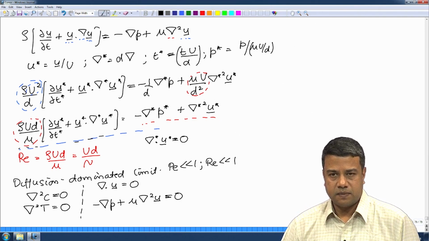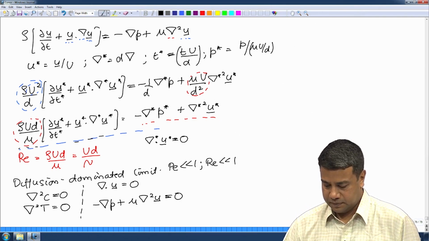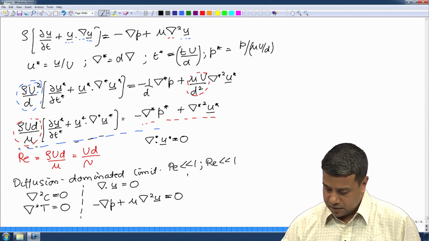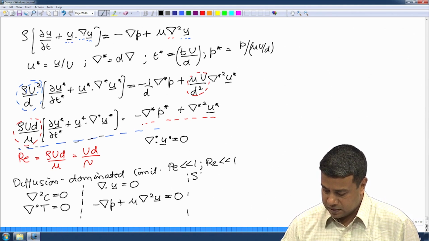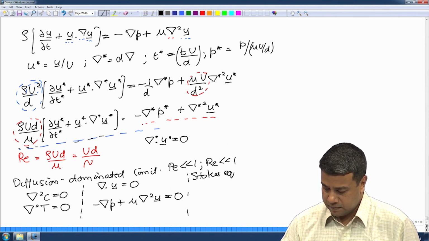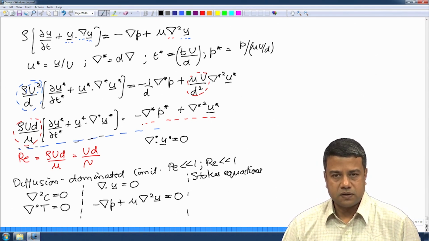So, these have to be solved subject to boundary conditions. These momentum conservation equations are called the Stokes equations in the limit of low Reynolds number.